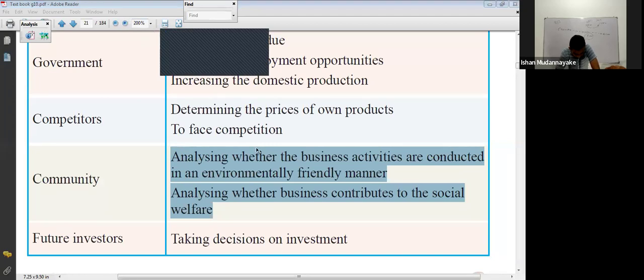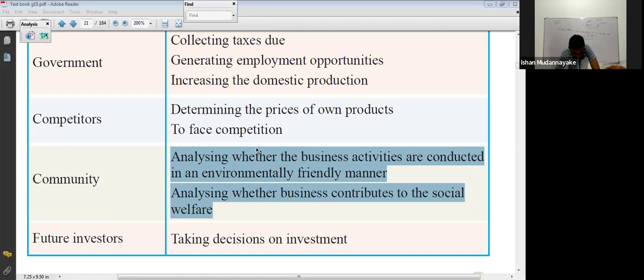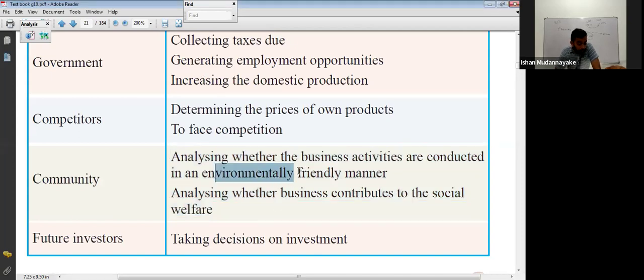Okay, sir. Community: analyzing whether the business activities are conducted in an environmentally friendly manner, and analyzing whether business contributes to the social welfare. Environmentally friendly manner means you need to conduct your business operation without any harmful impact to the environment.